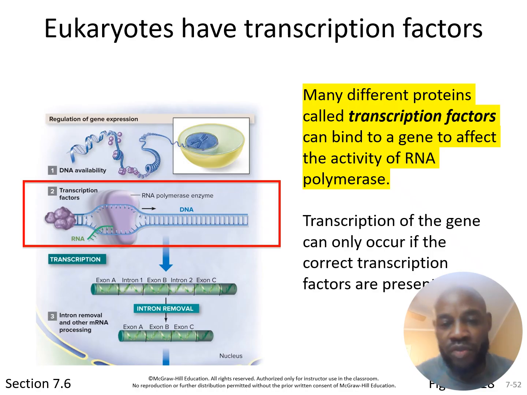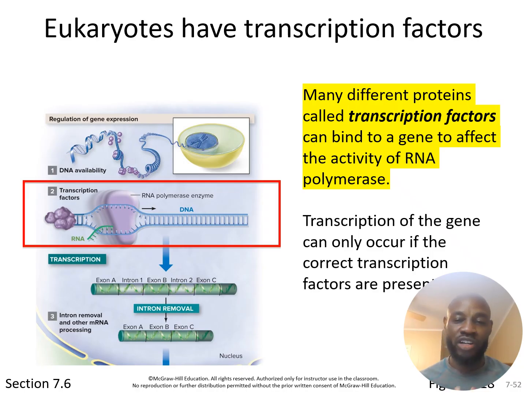You have many different proteins called transcription factors that can bind to a specific location on the DNA to affect the activity of RNA polymerase. Remember, you need RNA polymerase to be able to transcribe that DNA.